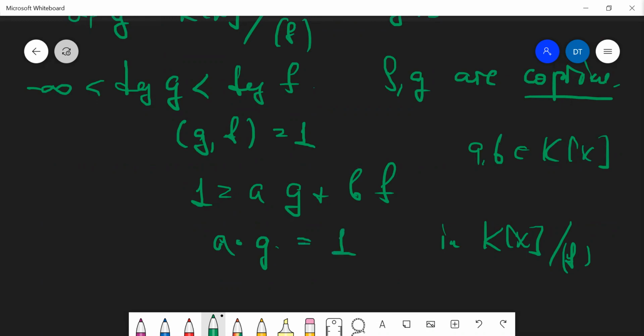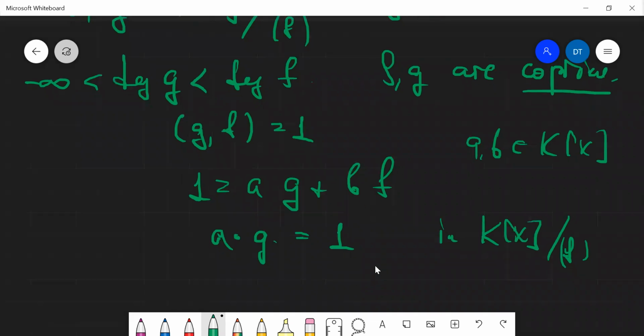Because how do you compute this product by definition? You multiply A and G as polynomials, and then you take the remainder modulo F. And this equality means that the remainder of A times G modulo F is 1. Because you can rearrange the sum, you can move this onto the left, and 1 is exactly the remainder.